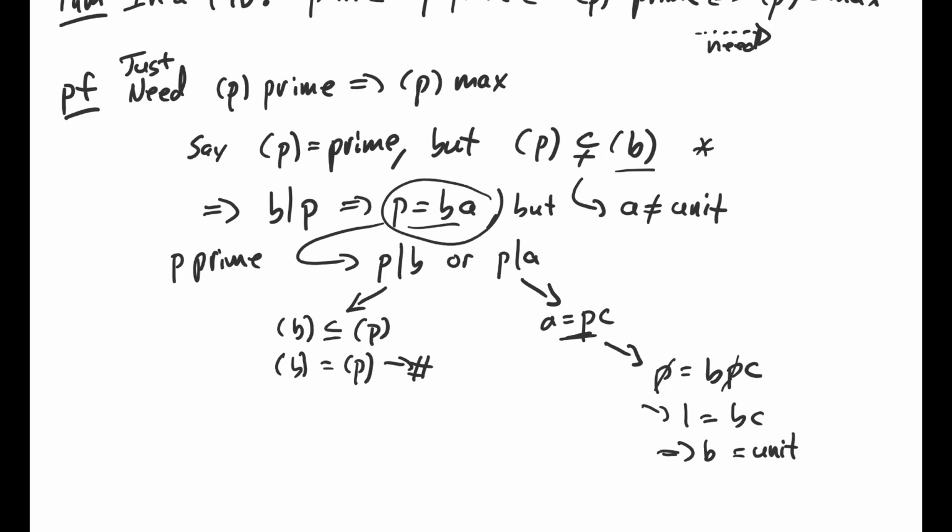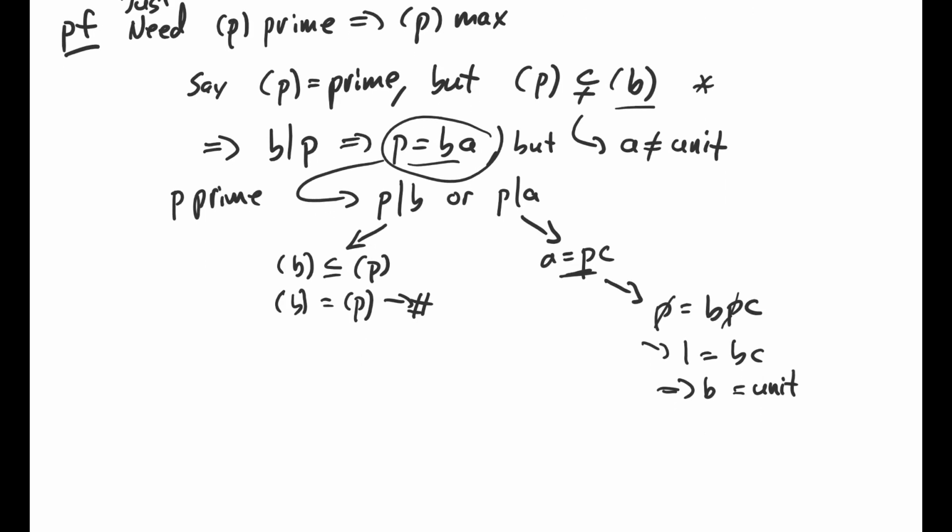All right, so we get B is a unit. Let's scroll up a bit here. In that case, that means way back up here, this ideal that was bigger than P, since B is a unit, is the whole PID. And that means that, in fact, this guy really was a maximal ideal because there's nothing that you can fit above it except for the whole space. All right, so that's the end of the proof.